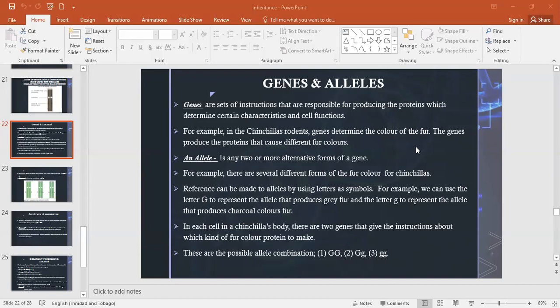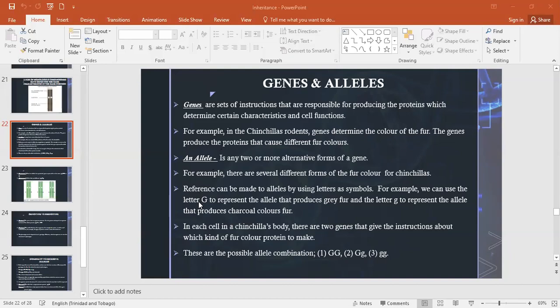For example, in order to express these alleles, or different forms of a gene, which is just a different form of the characteristic, you can use symbols. If you wanted to talk about the fur color for a chinchilla being gray, to show that it's an allele, you can use a capital G, because that is said to be the more expressive gene.